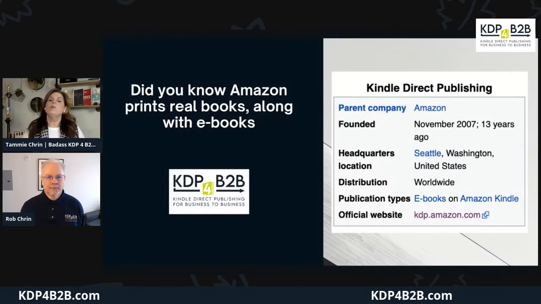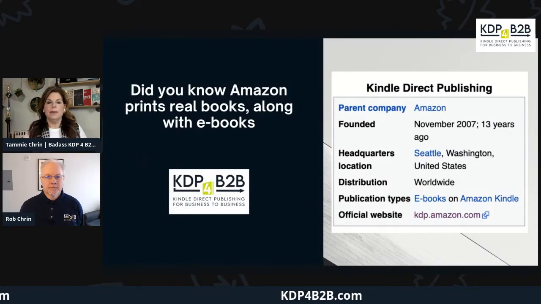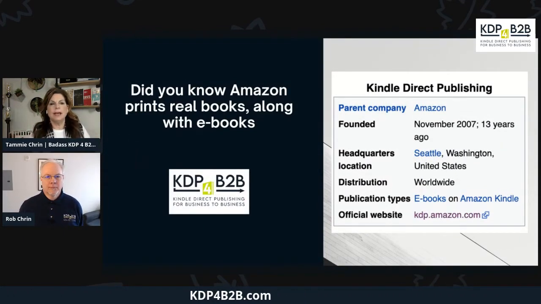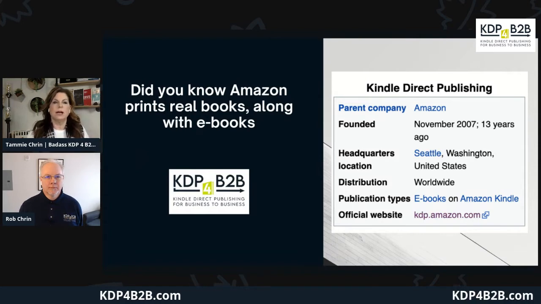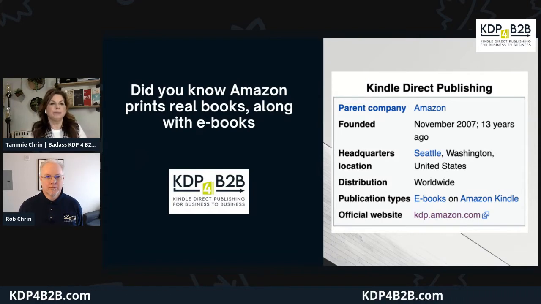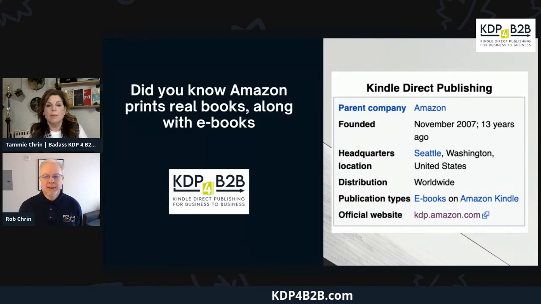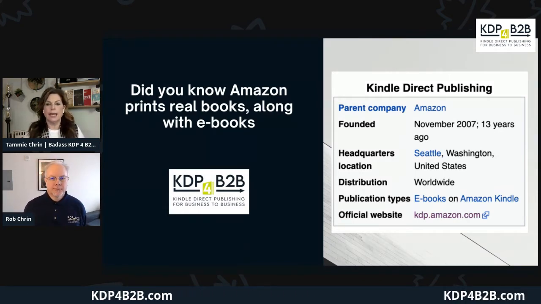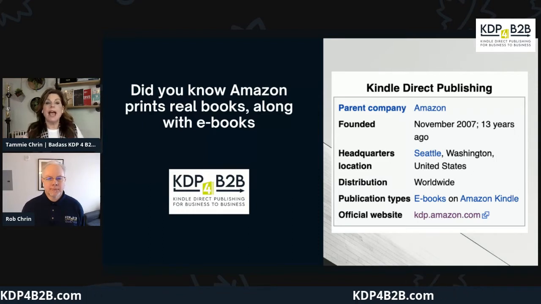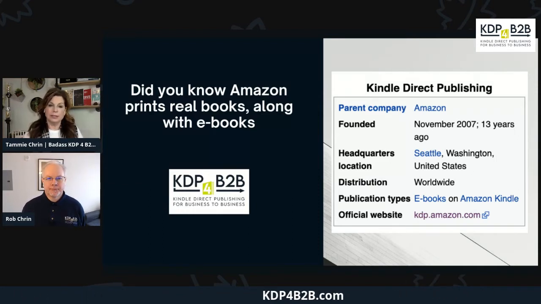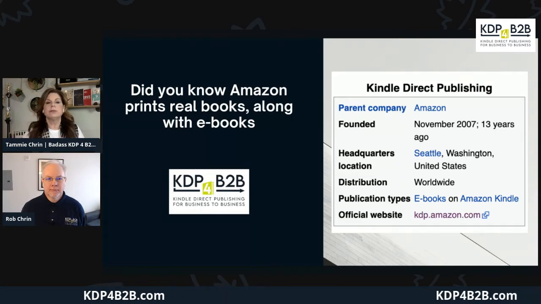A lot of people, when they think of KDP, think of the Kindle part of it, the online digital ebooks, because that was really where they started. But they actually have real books. These are printed, physical books, and I'm going to show you some examples in a little bit.